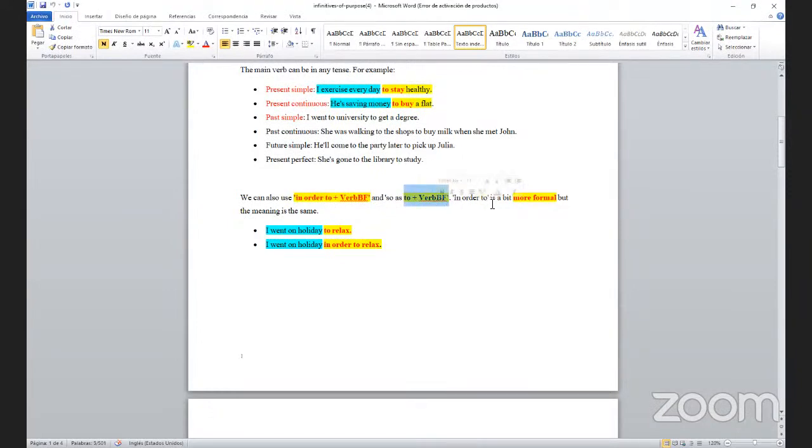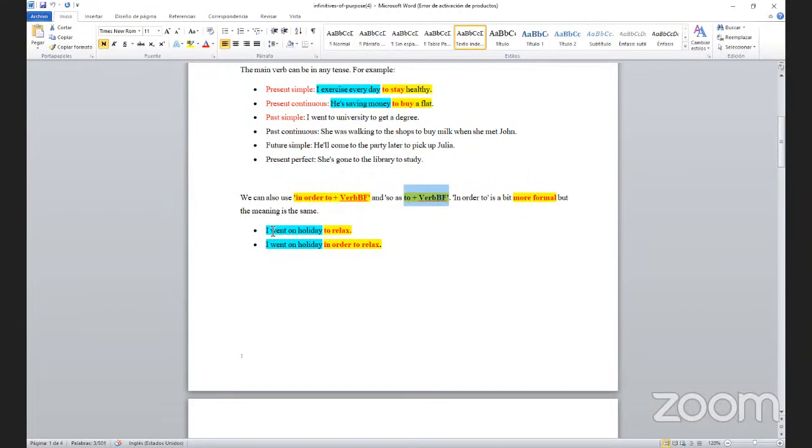In order to is a bit more formal, but we have the same meaning. So if we use in order to, or if we use just to, we are using both with the same meaning, but this is formal and this is informal, okay?